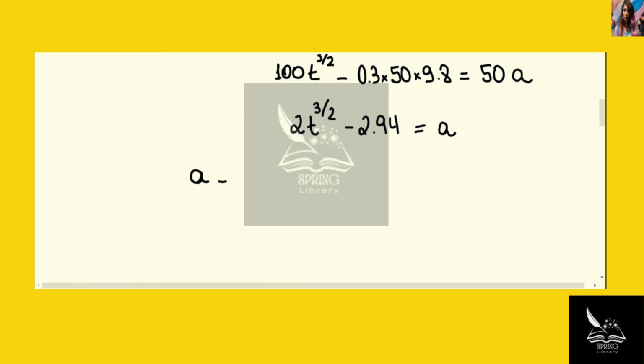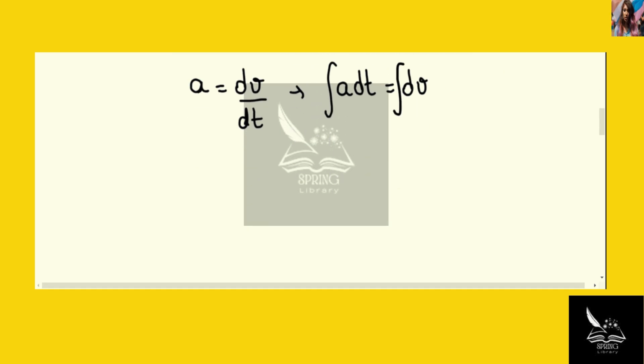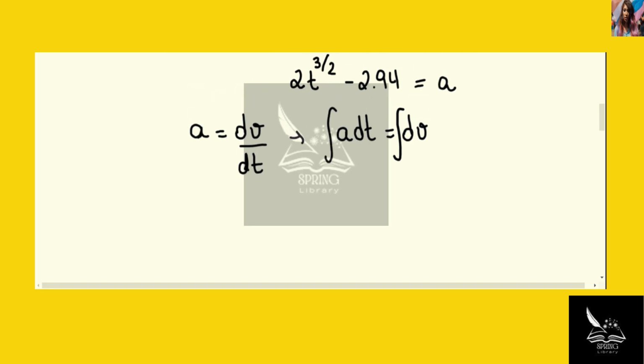Now remember that the acceleration is equal to dv dt. If we multiply both sides by dt, then a dt is equal to dv, so we can integrate both sides. I'm going to integrate from the time when the velocity is equal to 0, which in our case is 1.57, up to t.